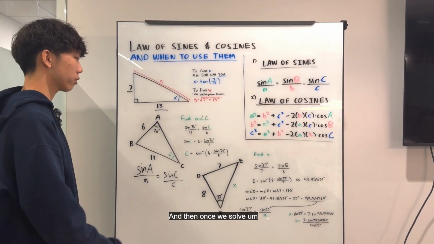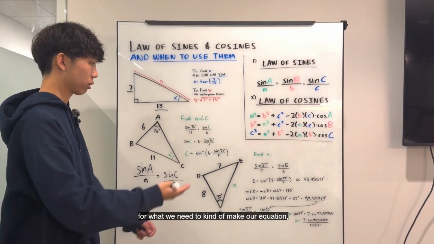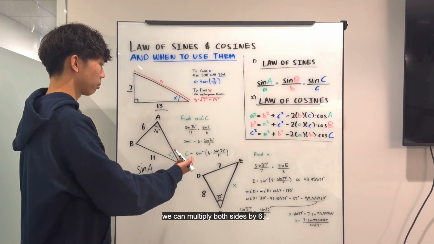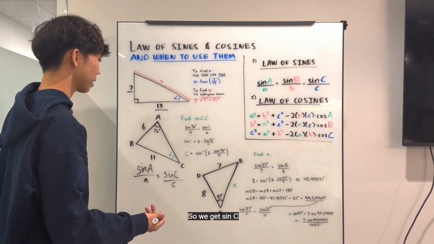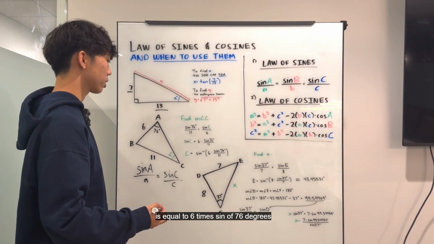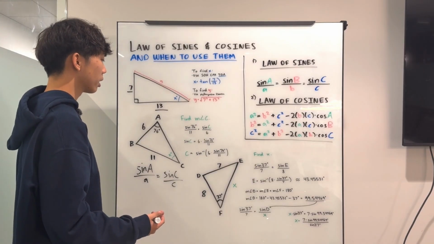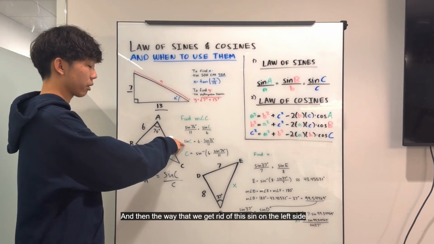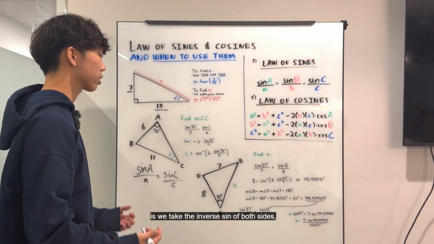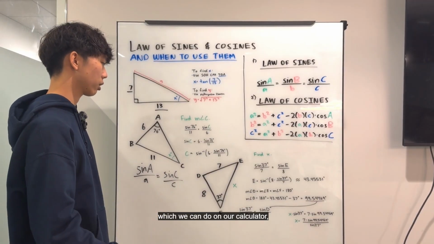Then we can multiply both sides by 6. So we get sine C is equal to 6 times sine of 76 degrees over 11. The way we get rid of the sine on the left side is we take the inverse sine of both sides, which we can do on our calculator.